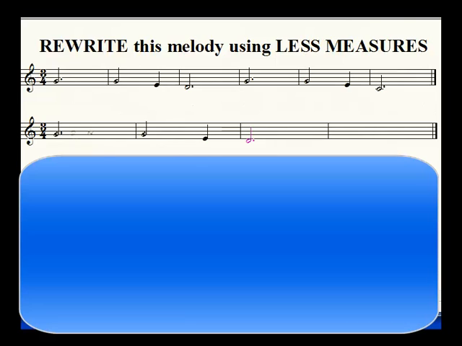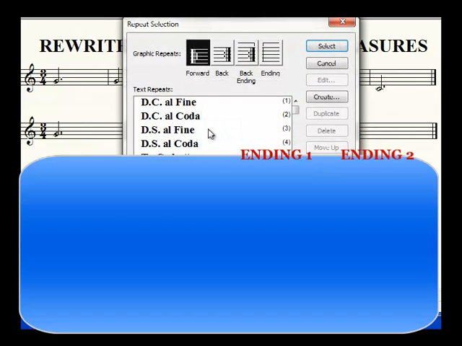Now, how do I repeat these first 2 bars without using more measures? I can actually group all these 6 measures into only 4 measures. So I have to use repeat signs. Because I have different endings, that means that I could create an ending.